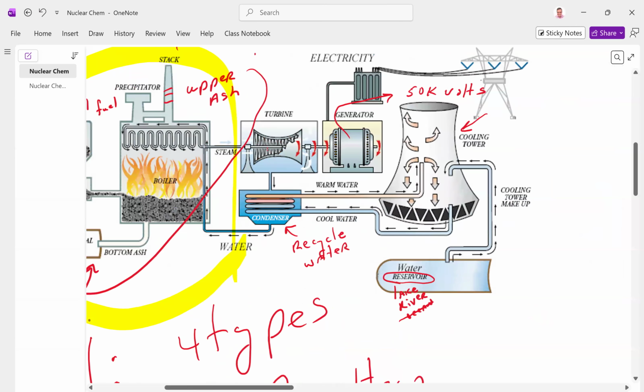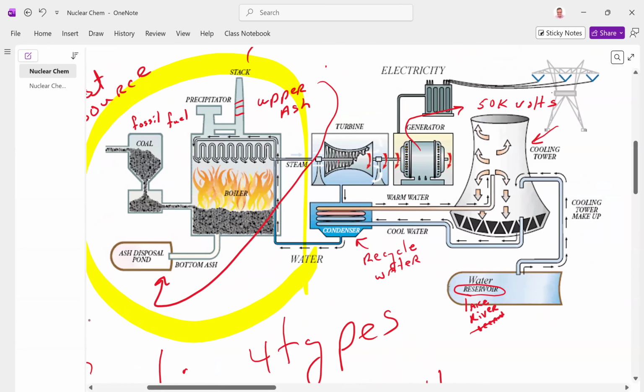Okay, so just real quickly, let me review how this thing works. You need some kind of heat source. In the case of a coal-fired or fossil-fuel-powered power plant, you need some source of heat. In this case, it could be coal, natural gas, oil. Those are the typical sources of energy. And we heat water to high pressure steam that turns a turbine, that turns a generator, that produces electricity.